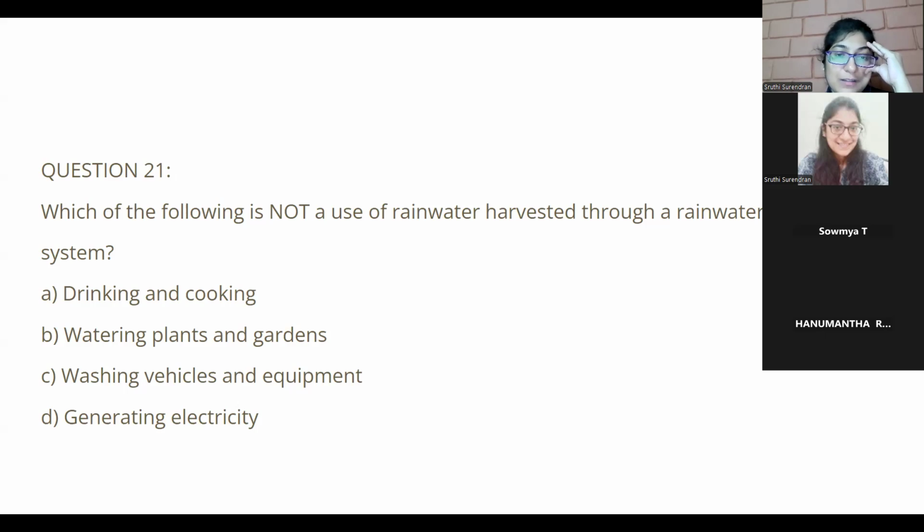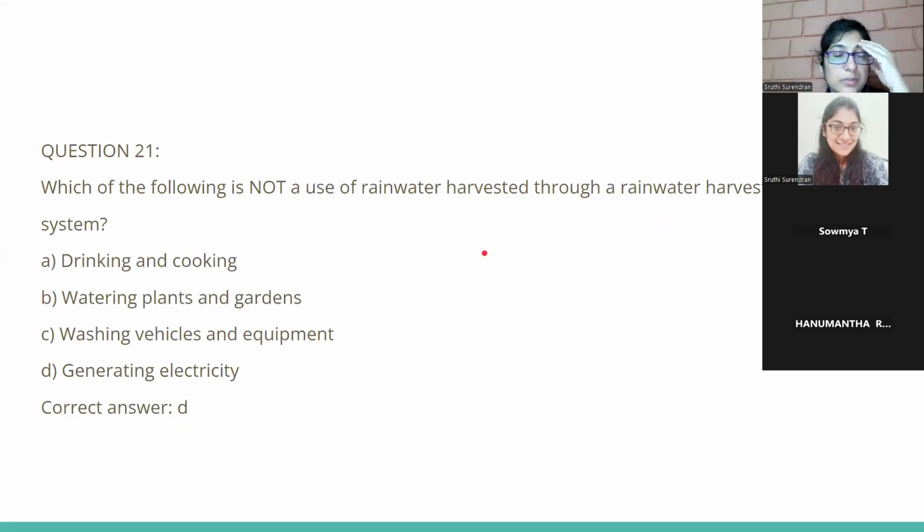Please look at the options correctly and answer. Read the question properly. They're asking for not a use of rainwater harvesting. We had discussed what all rainwater can be used for. The correct option is option D. You cannot generate electricity using rainwater harvesting.